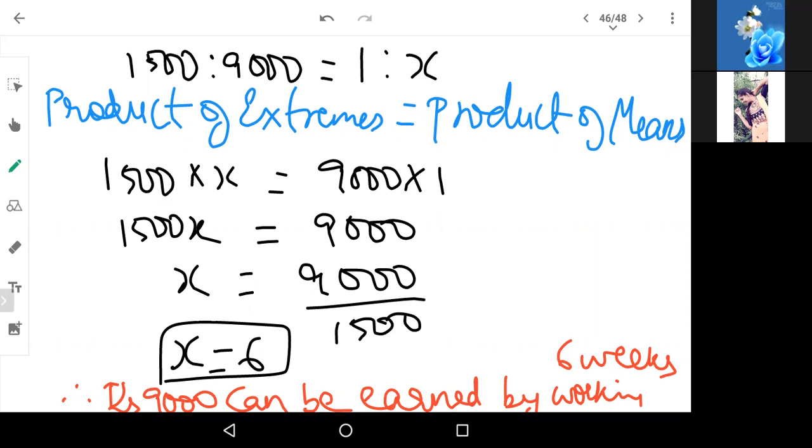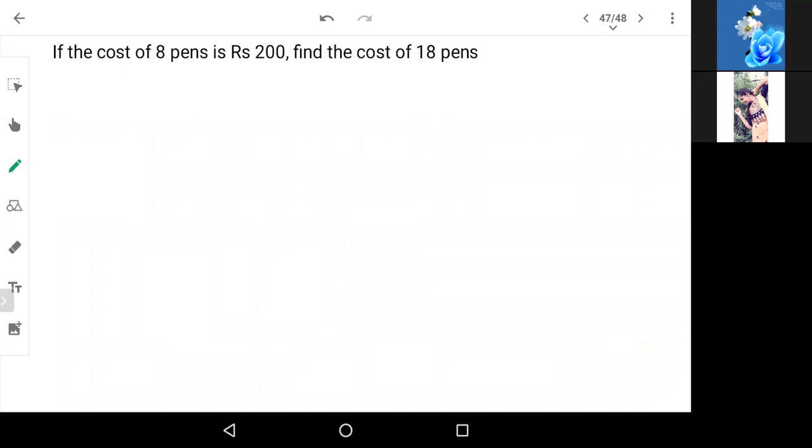That is how we solve the proportion. In every proportion problem, it is compulsory to define whether it is a direct proportion or an indirect proportion. Is it clear? Understood?